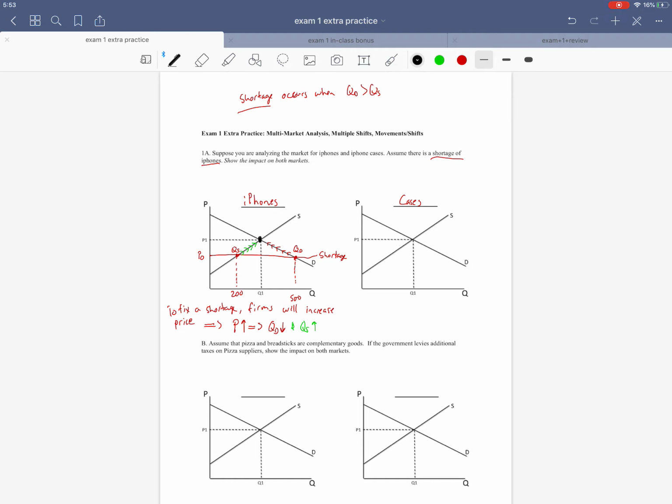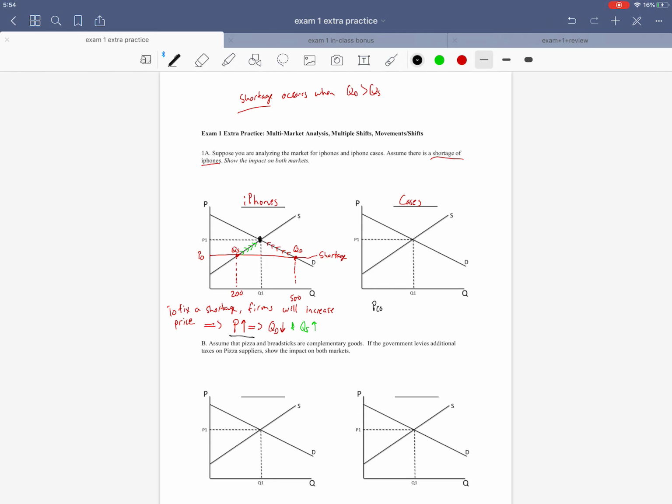We know that when the market's in equilibrium, quantity demanded is equal to quantity supplied, so there are no surpluses and no shortages. So in the market for iPhones, we see that the price is going to go up. Now, how is that price increase going to affect the market for iPhone cases? We're going to understand that these are complements.